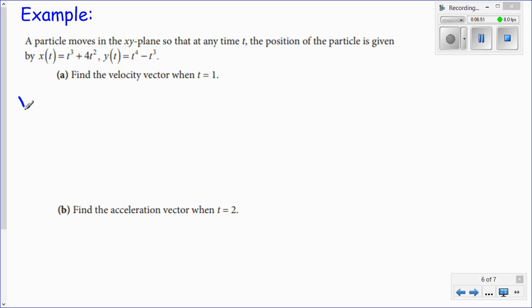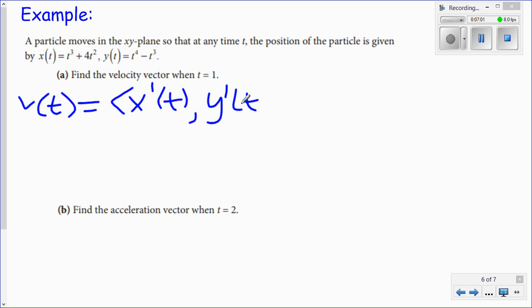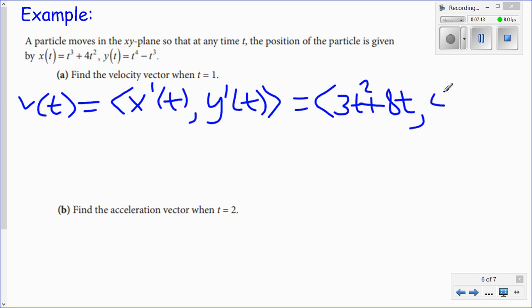Okay, so I would say here that v of t would equal x prime of t, comma, y prime of t, which would equal 3t squared plus 8t, comma, 4t cubed minus 3t squared.